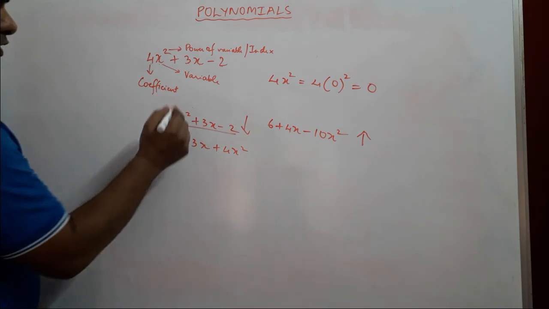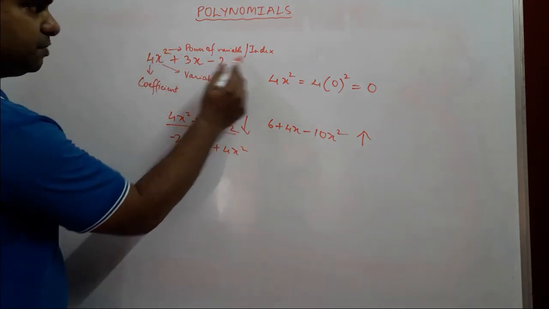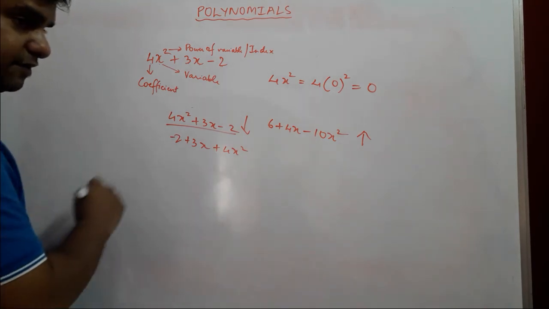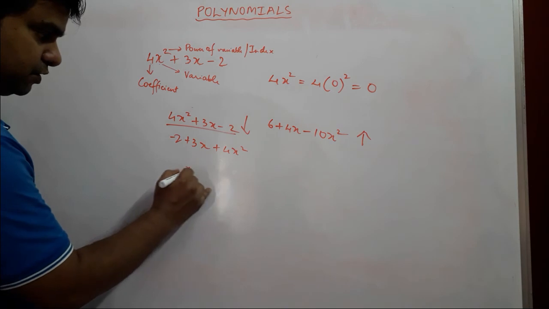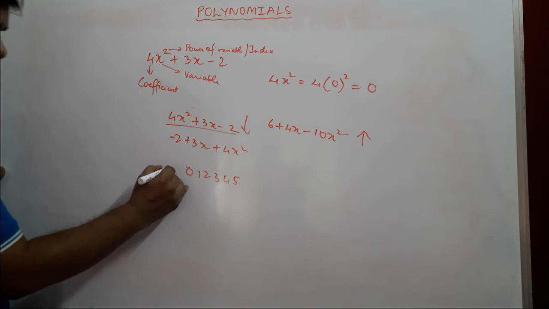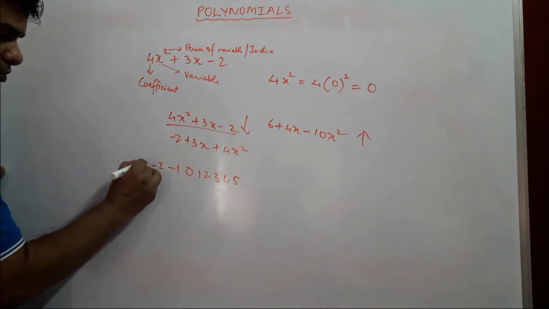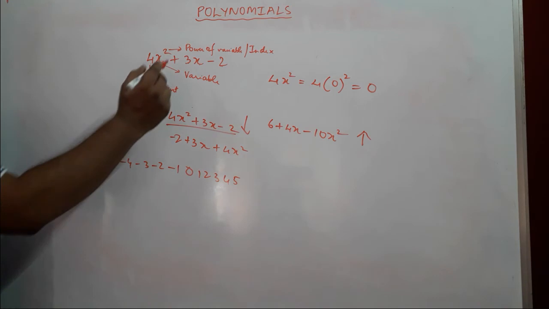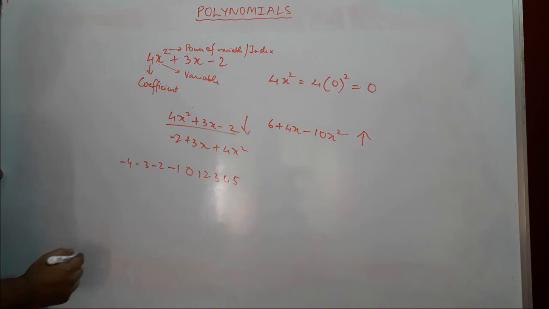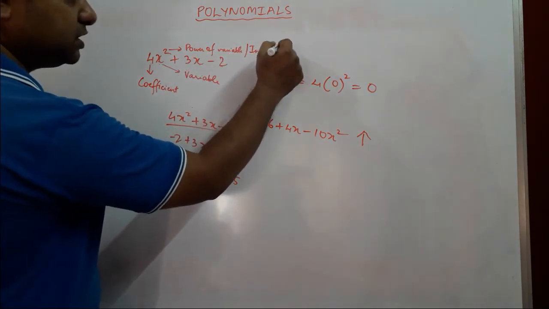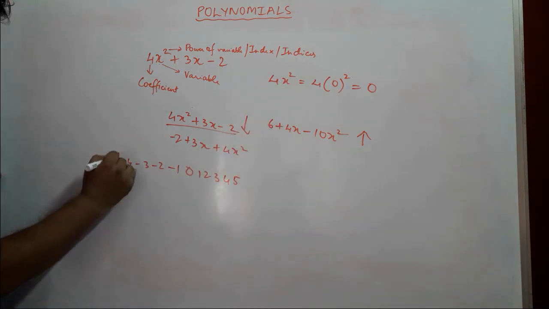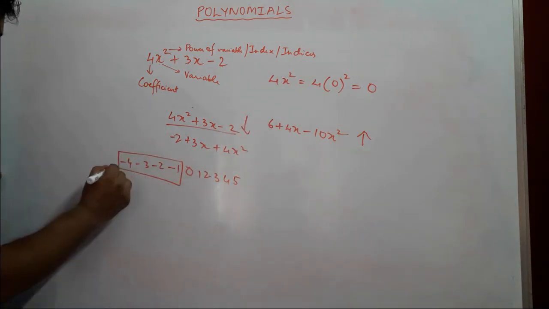Also, the power of the variable should be a non-negative integer. What are integers? Integers are negative as well as positive, and they include even 0. So towards your right you will have 0, 1, 2, 3, 4, 5, and towards the left you will have minus 1, minus 2, minus 3, minus 4. So the powers of the variable, or the indices, singular is index, plural is indices, should be non-negative integers.